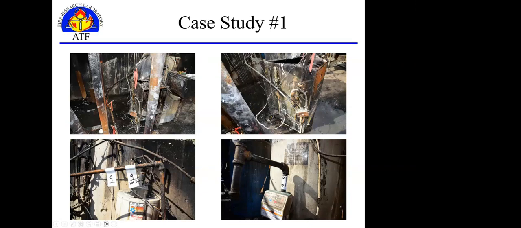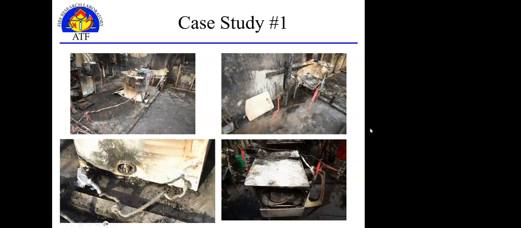Documented the furnace, all the piping coming into the furnace. Here's the dryer. And in this case, what we noticed was here's the flexible gas connector to the dryer, and it was actually disconnected. The outlet for the valve on the dryer was right here next to this stud.